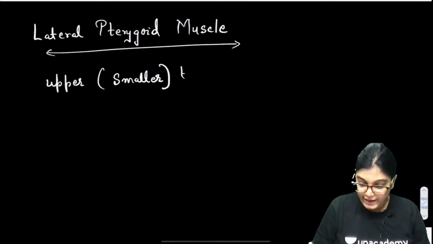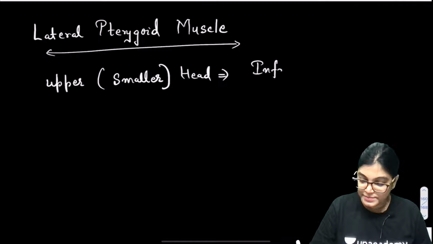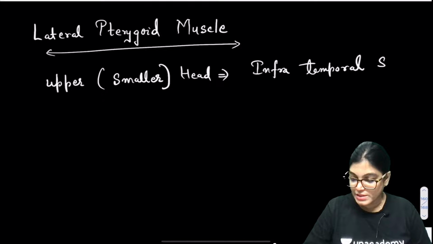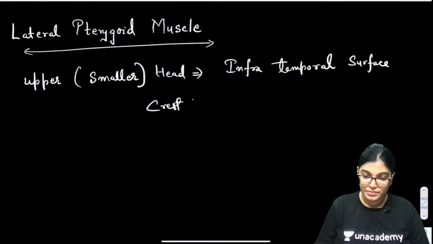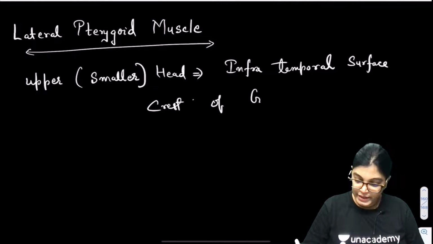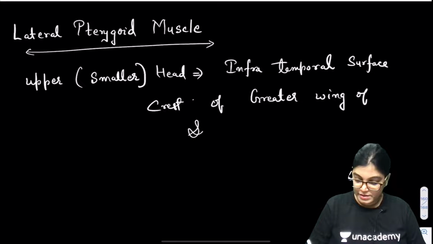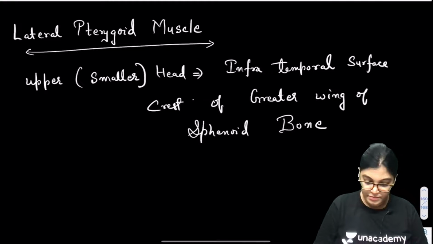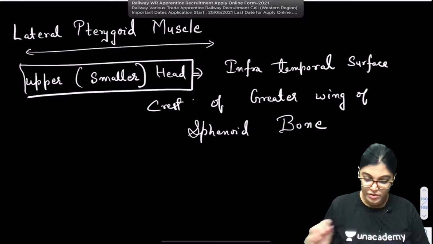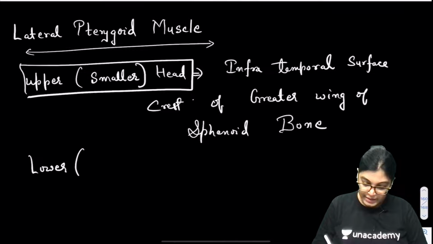The upper head is the smaller head of origin, and it is originating from the infratemporal surface and crest of the greater wing of sphenoid bone.